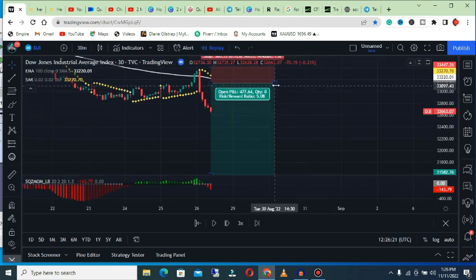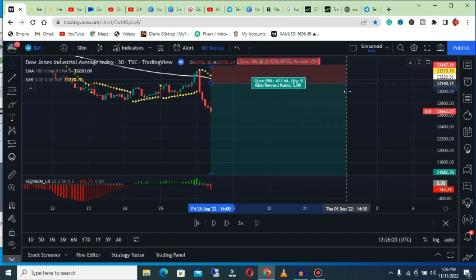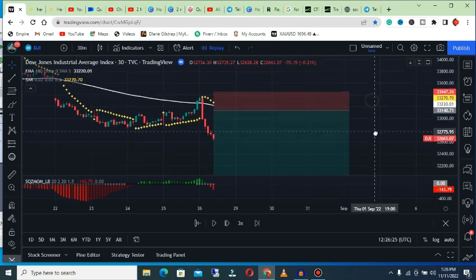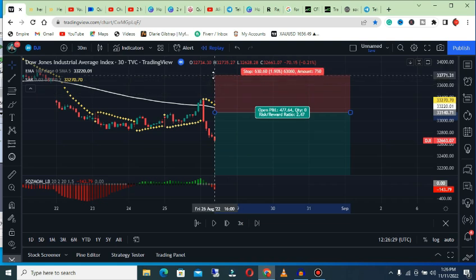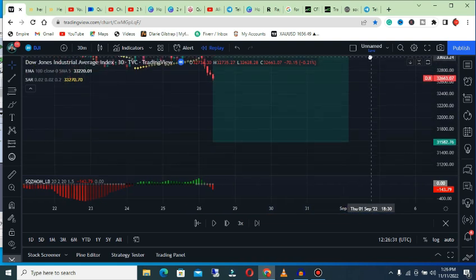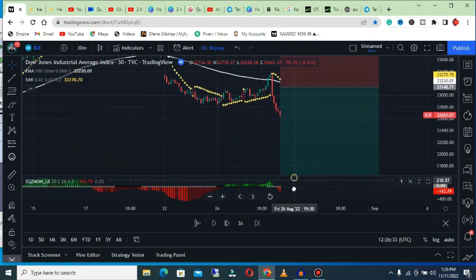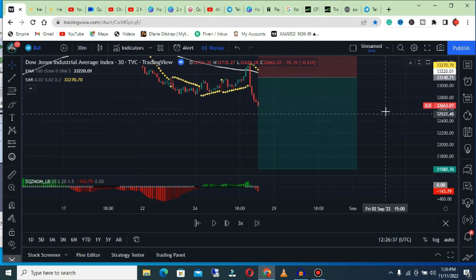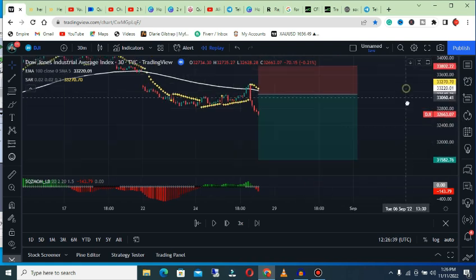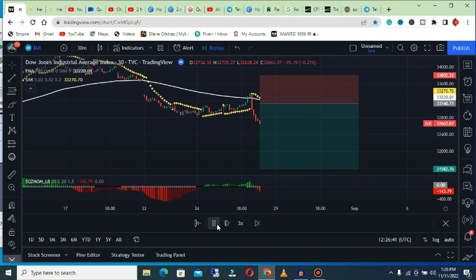Like I said, always make sure that your take profit is 3 times your stop loss. It is very important. Let me place my stop loss here. All right, so this is a very good one here, guys. Let's see how this trade is going to play out in the next few seconds.